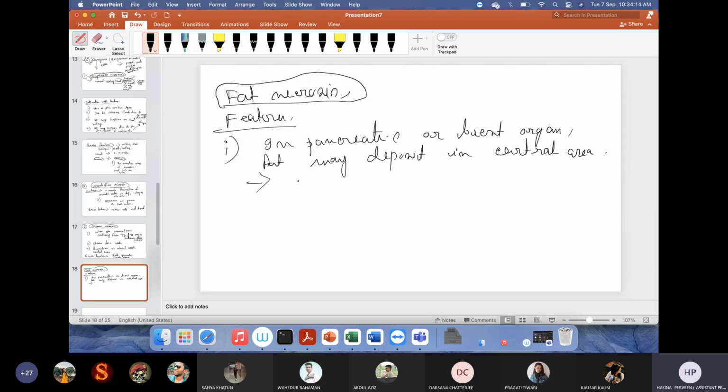And this is one type of calcium deposition.